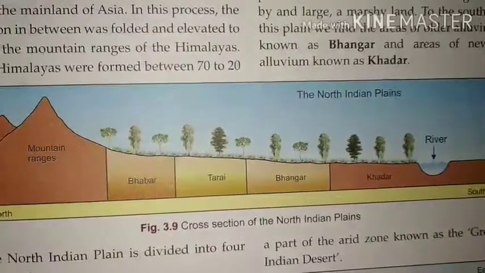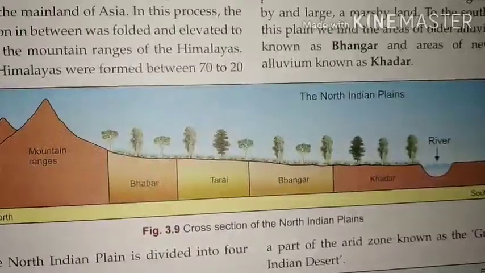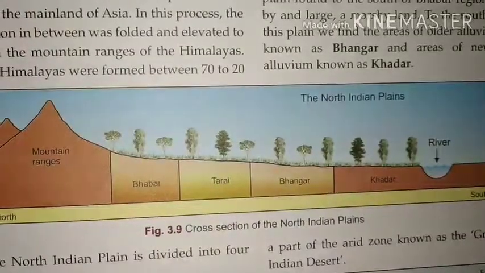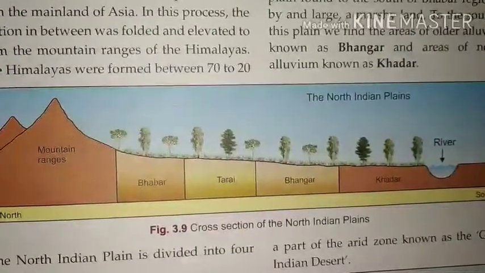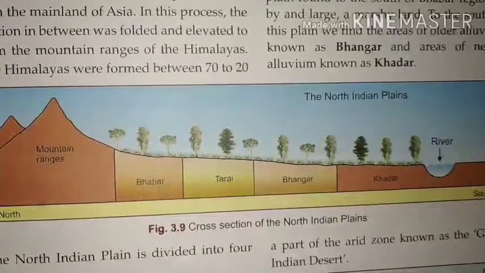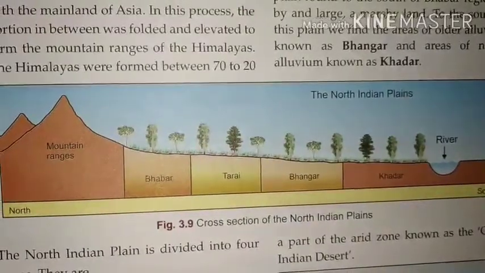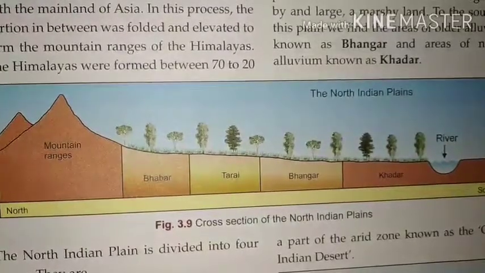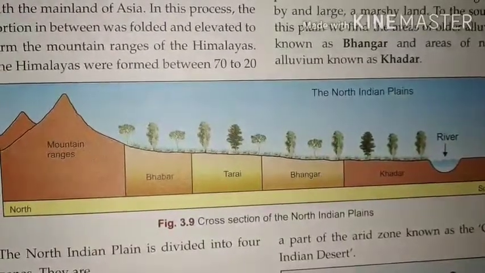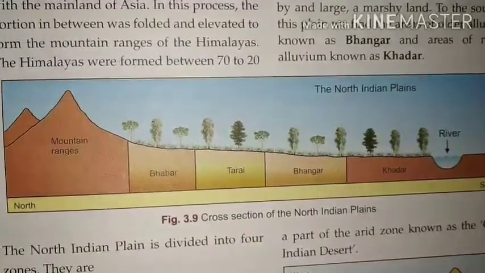That means these are rocks which were formed in the ancient period. Towards the north of that plateau, a marshy sea was there, called Tethys. That sea was not that deep, a shallow sea.